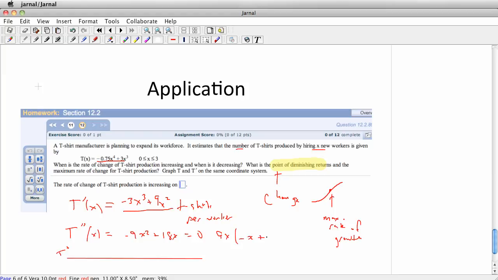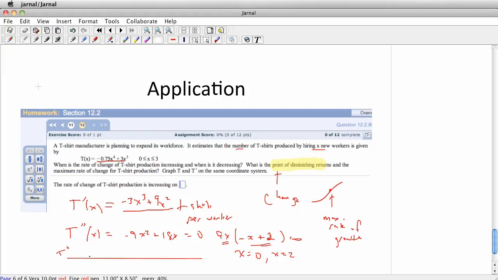The second term leaves plus 2. So the only possibilities for x are that either x is 0, that's how the 9x would be 0, or x is 2.